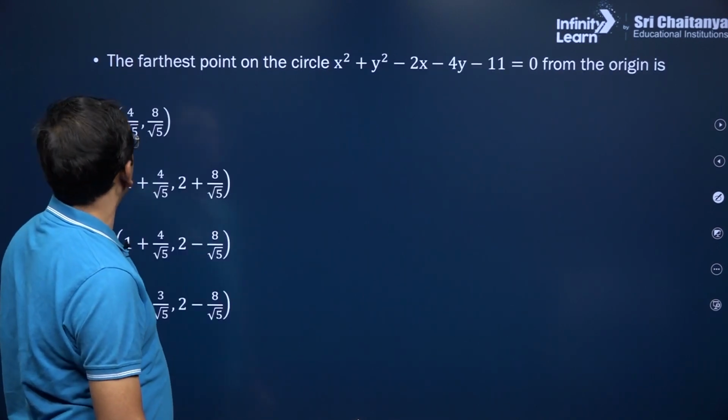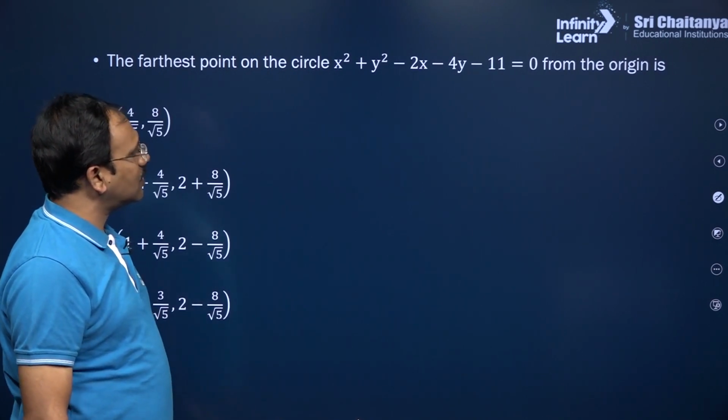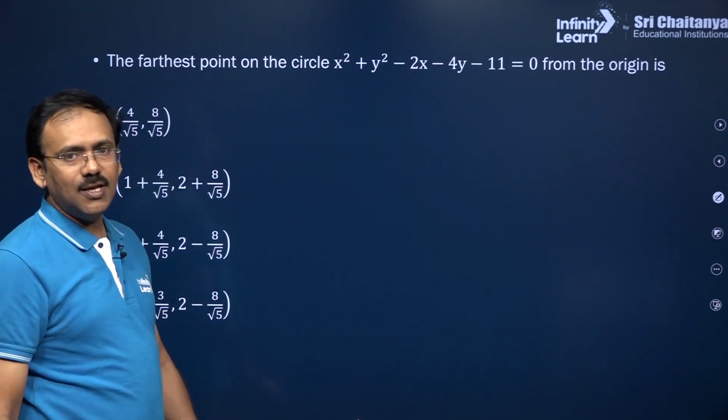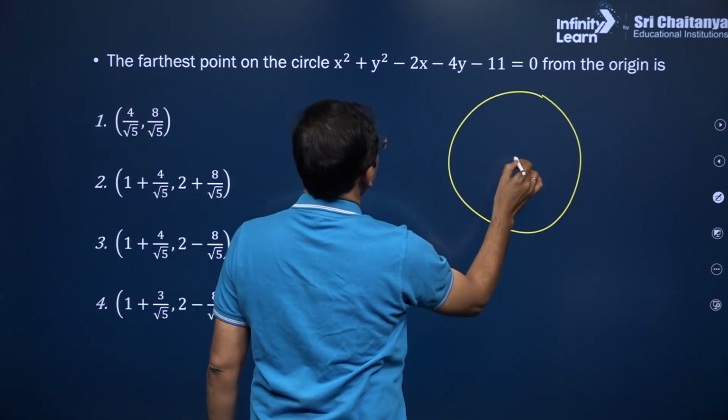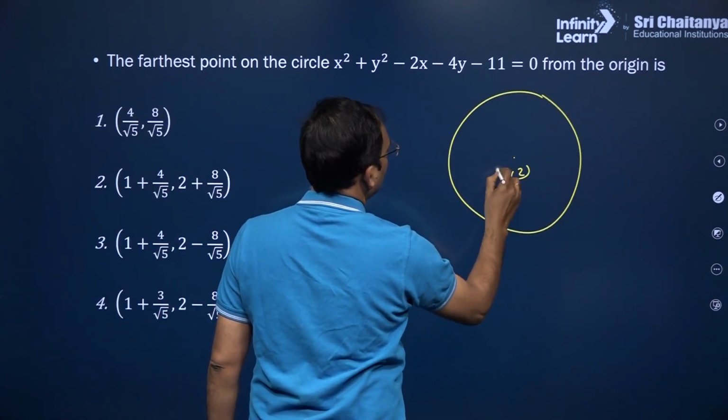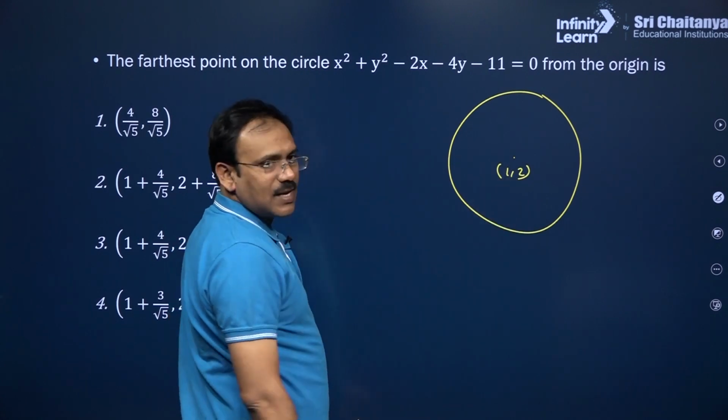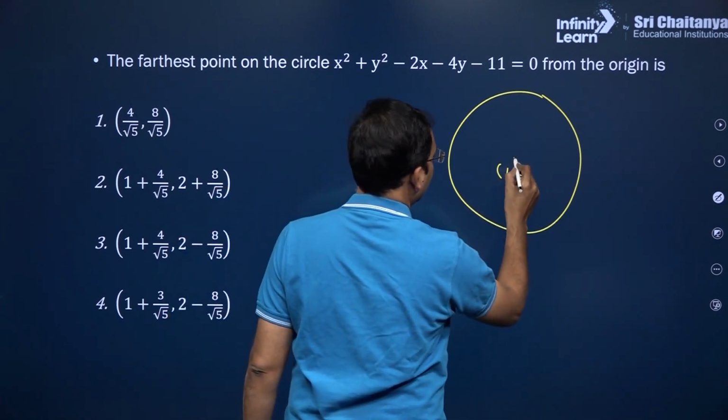Next, my dear friends, you see the farthest point on the circle from the origin. This is a circle with center 1, 2, and radius, 5 plus 11, 16, radius 4, my dear friends.